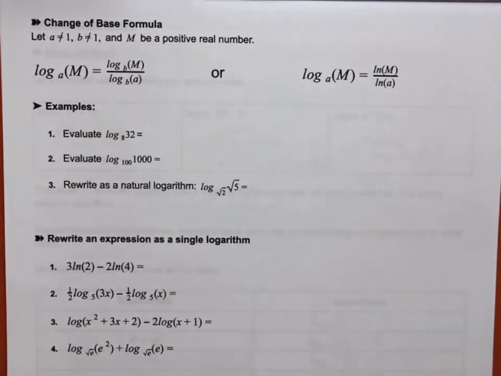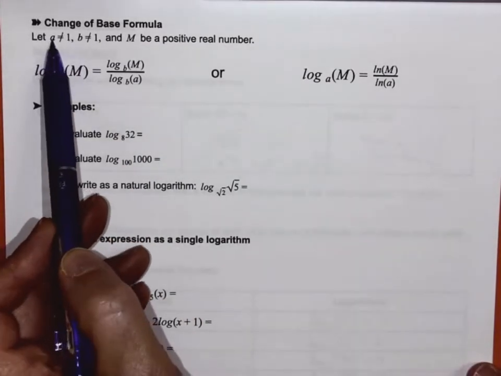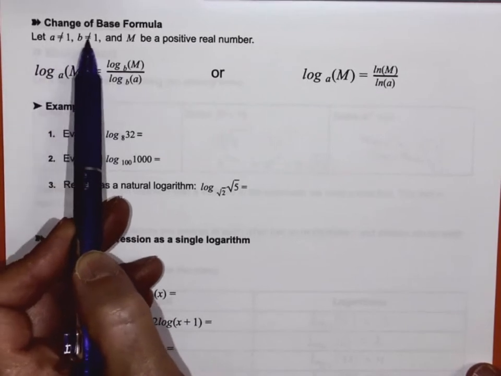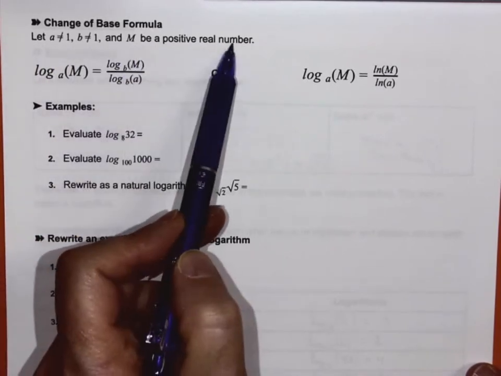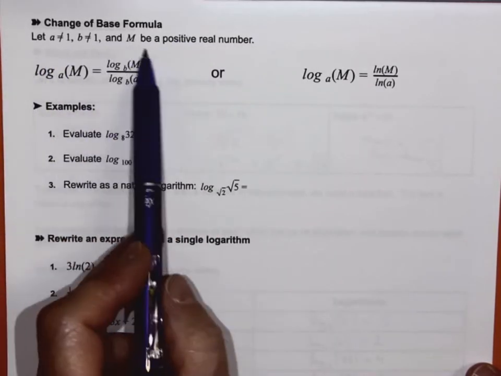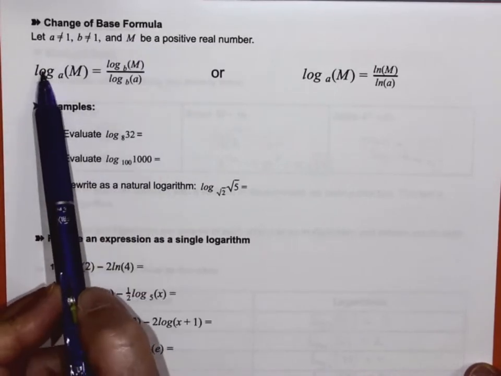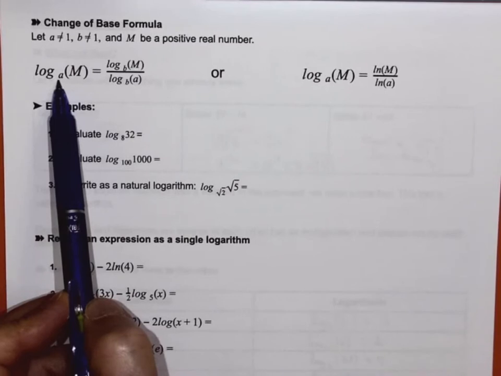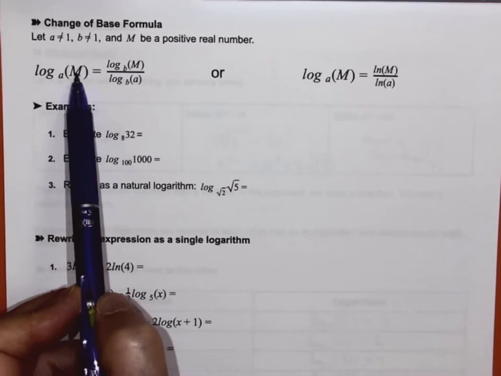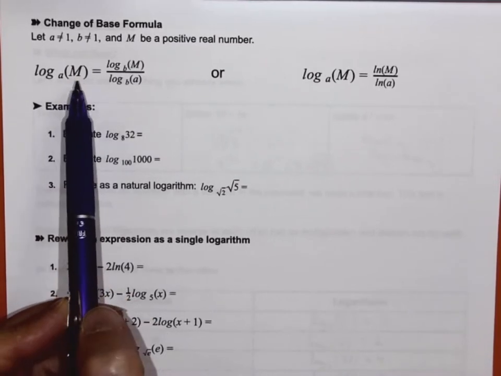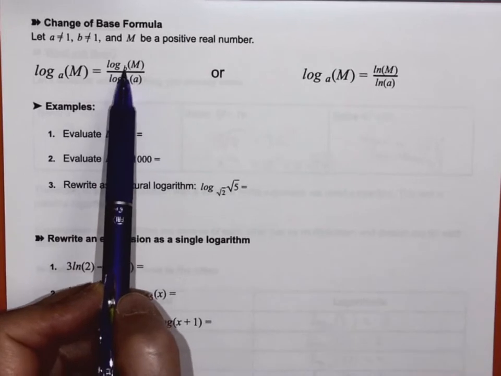All right, a is not 1 and b is not 1 and M is a positive real number. So those are just the conditions for me to be able to set that up properly. So the change of base says if you have a log with a base a, whatever that is, of M, you can change that to any base you want. So I'm just calling that new base b, but it could be any base you want, right?